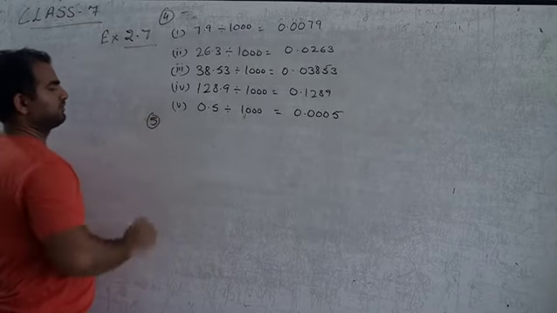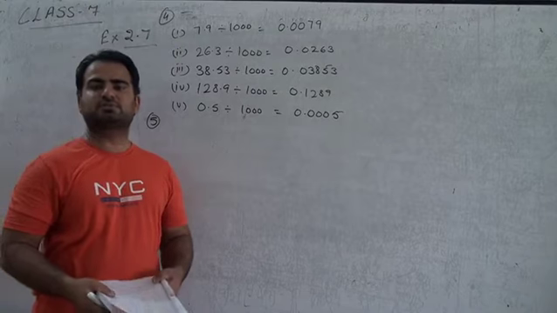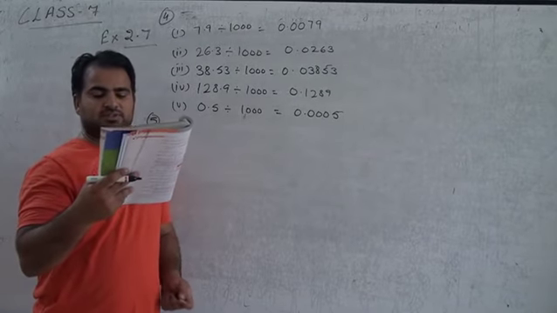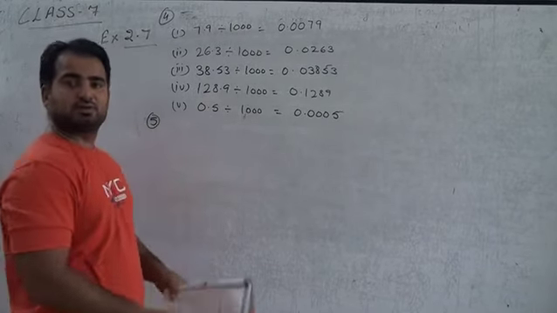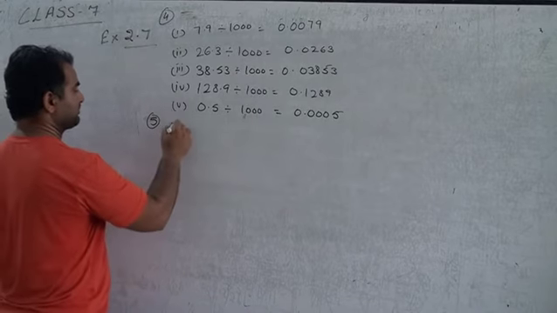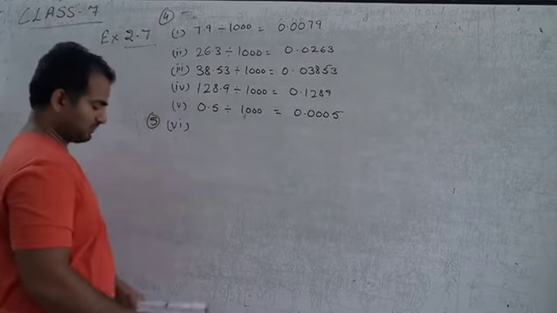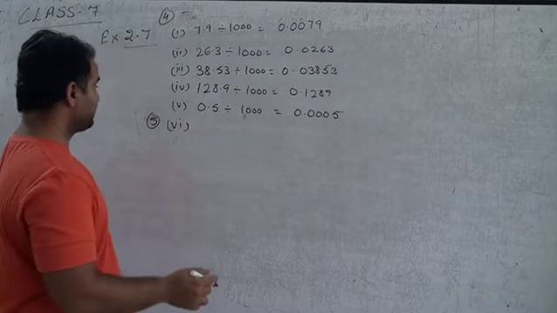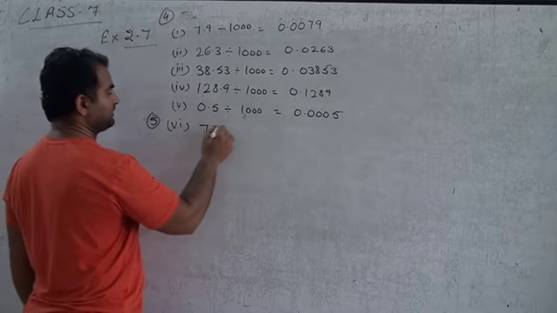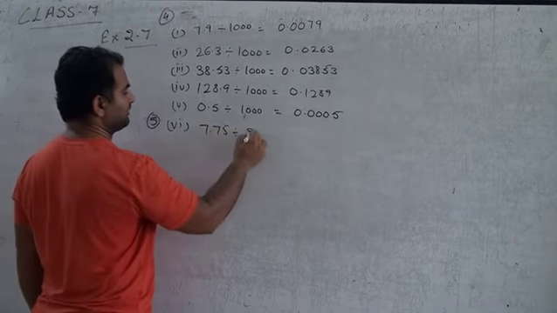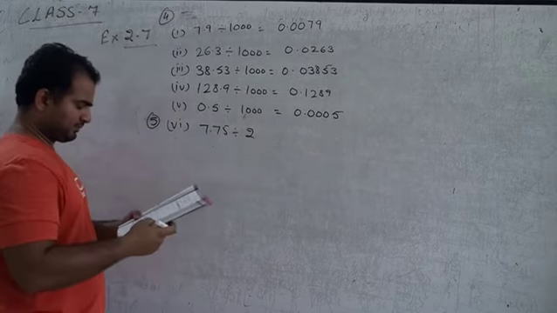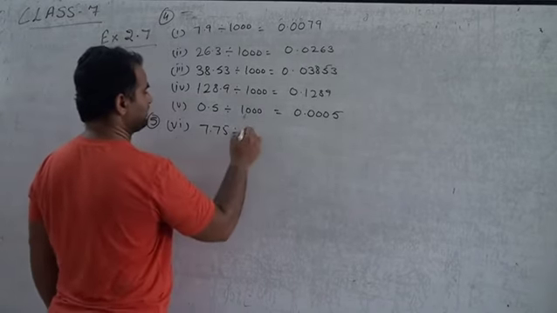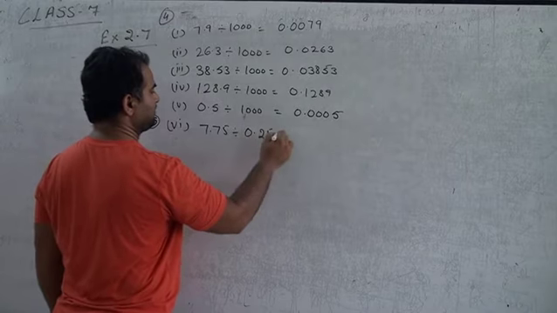Question number 5. How many questions do we have to do? There are 9 questions, and I will do question numbers 6, 7, 8 and 9. Question number 6 is 7.75 divided by 0.25.